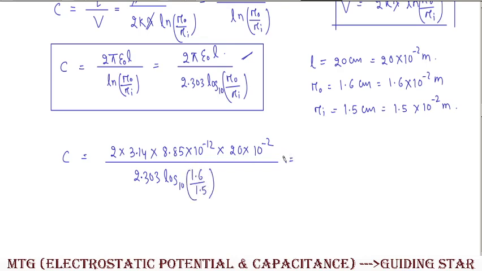Clear? So this particular value will be a little bit greater than 1, because log 1 will be 0. So it is greater than 1. That means we'll get some positive value. Clear? We'll get some positive value and that will be very, very small.